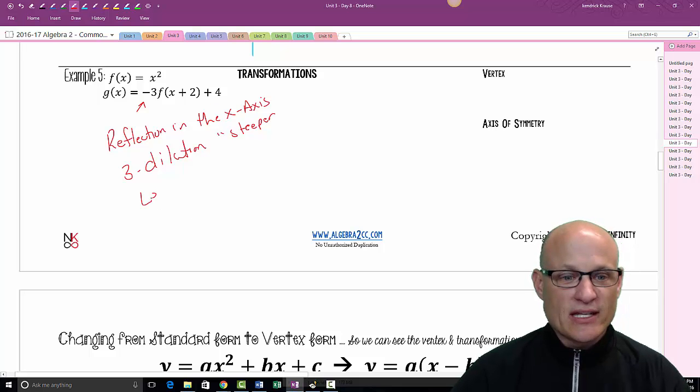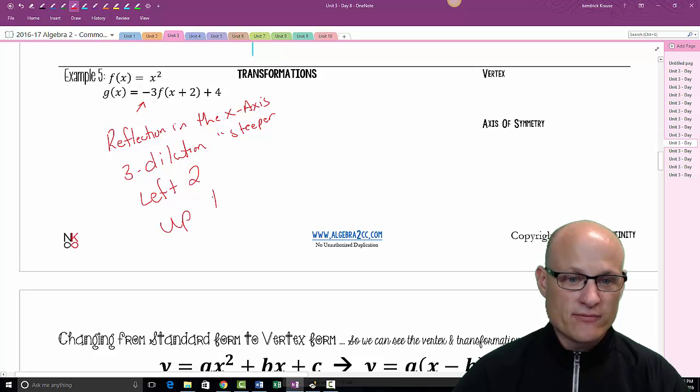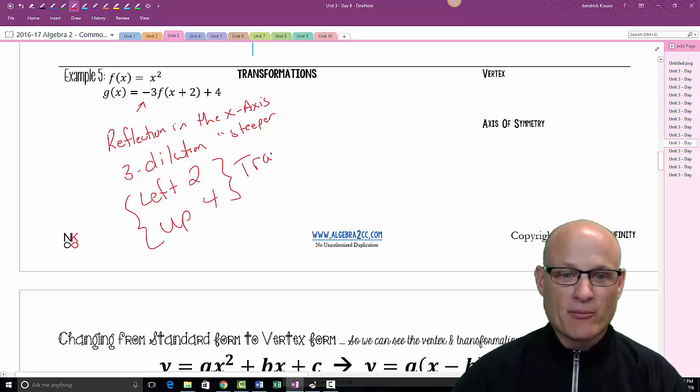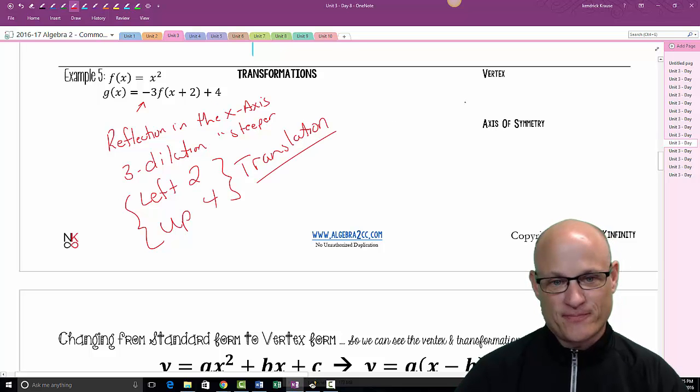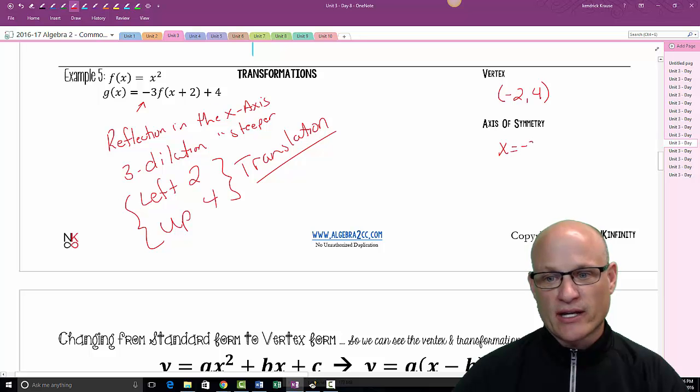It moves to the left 2 and up 4. And these are translations. You should be able to use the appropriate math word. They are translations. So it's a reflection, a dilation, and 2 translations, or a slide. So my new vertex is (-2, 4), and my new axis of symmetry is x equals -2.